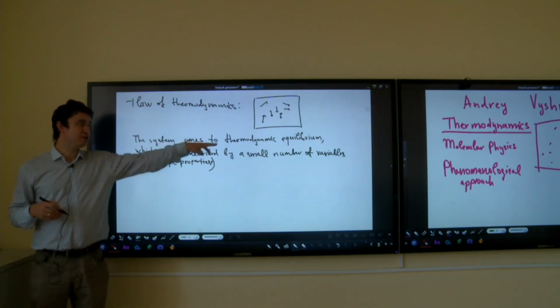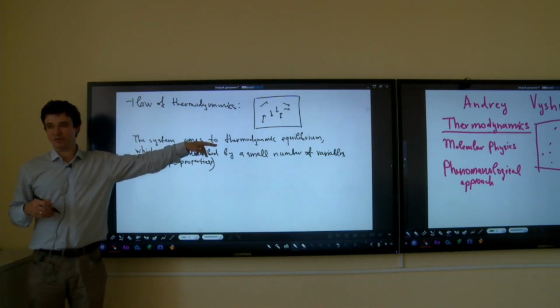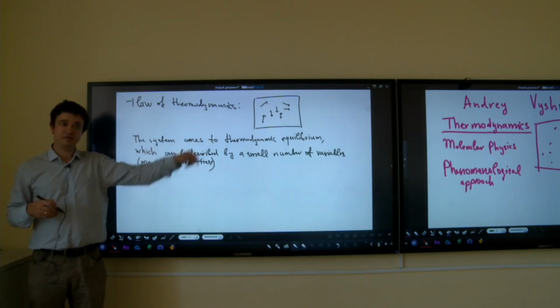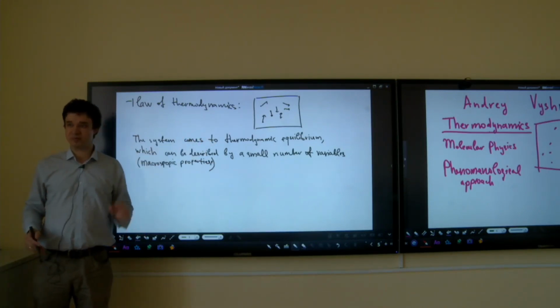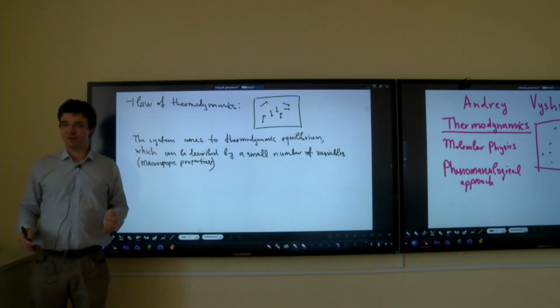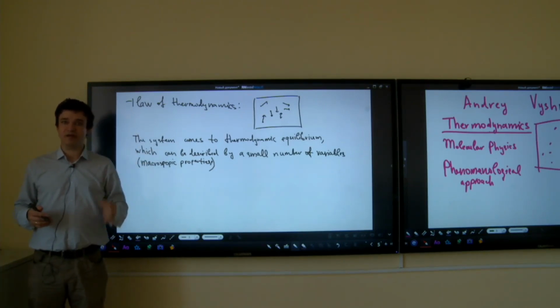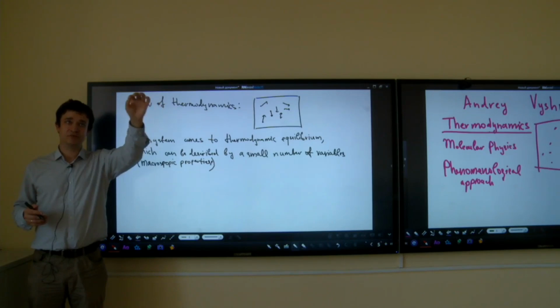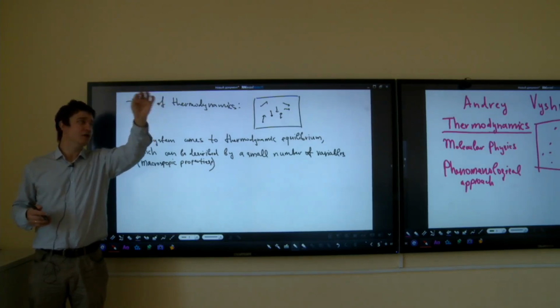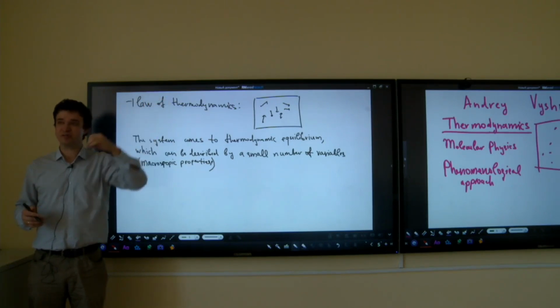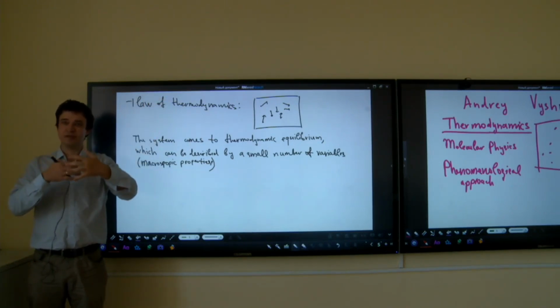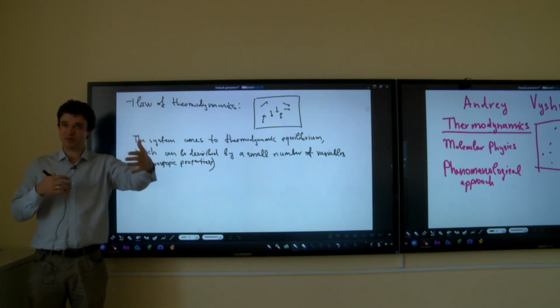If the system is not in the state of equilibrium, then the state cannot be described by a small set of variables. For example, when you have sound waves propagating in the room, that means that at different space coordinates of this room, at different points, the pressure is different, because sound waves are actually fluctuations of pressure at different points of space.